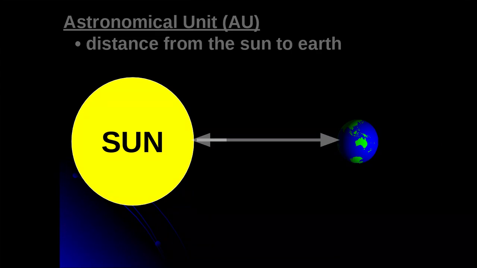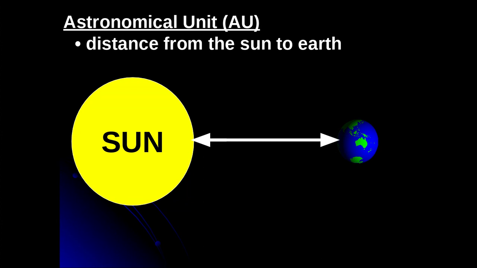So to get started, what's important here is certainly to look at how distances are measured within our solar system. We're going to look at this concept of astronomical units, or AUs. An astronomical unit represents the distance from the sun to the Earth. And that distance, on average, is about 93 million miles.